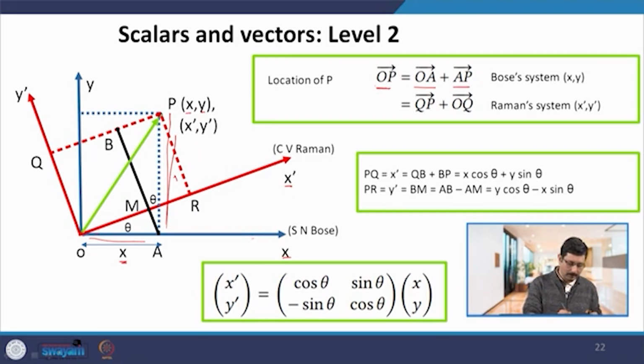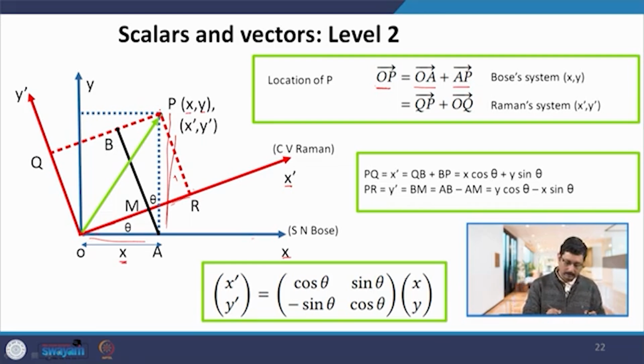Similarly, this is the y axis of Raman's selected coordinate system. In the red coordinate system, he will go along this x axis along OR to a point R, and then from R to P in a direction parallel to the y axis of the red coordinate system, and he will reach the same point P.